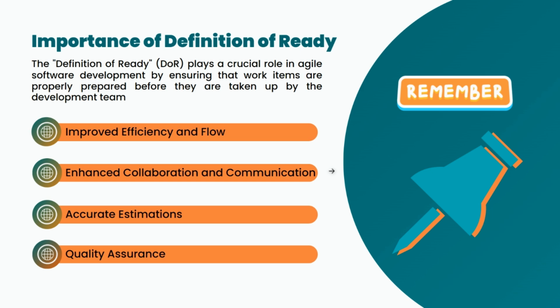Now let's come to the third one, accurate estimation. Estimation is very important because that is one of the very important aspects of agile. If estimation is not done, then we will not be able to plan the release. We will not be able to plan the sprint. So how can accurate estimation be done?